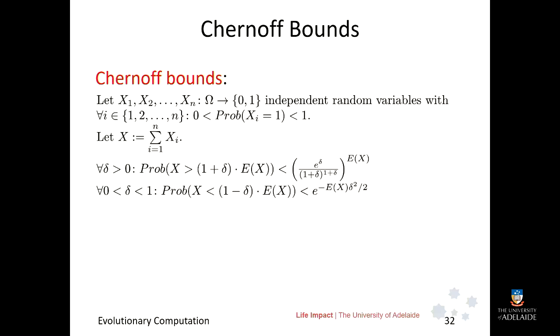Let's say you have these independent random variables, and the probability to set each to 1 is 1/2. Then you look at the sum of these random variables. What the Chernoff bound tells you is that you are very close to the expected value.